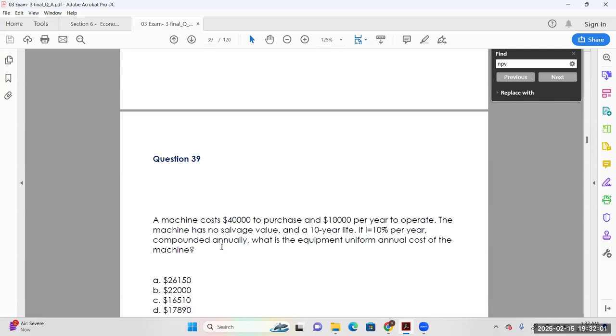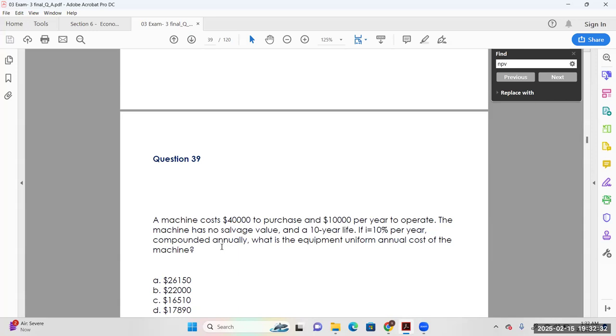Understood? I think for the annuity, present value, future value, the formula is given in the exam, but for uniform annual cost, do you have the formula? This one, uniform annual cost is the same as the annuity, same thing.